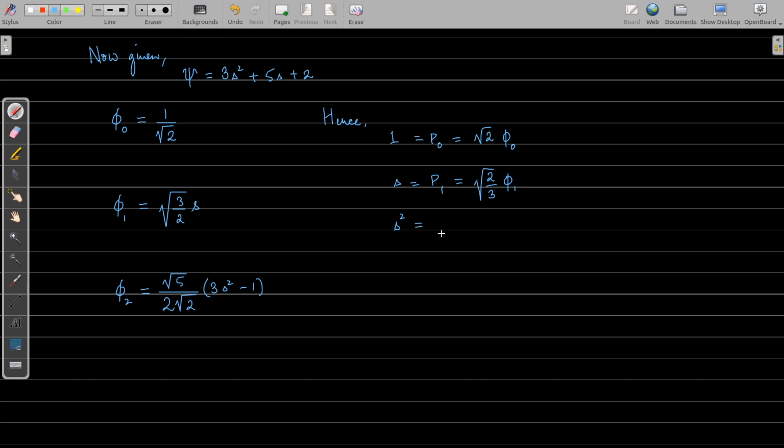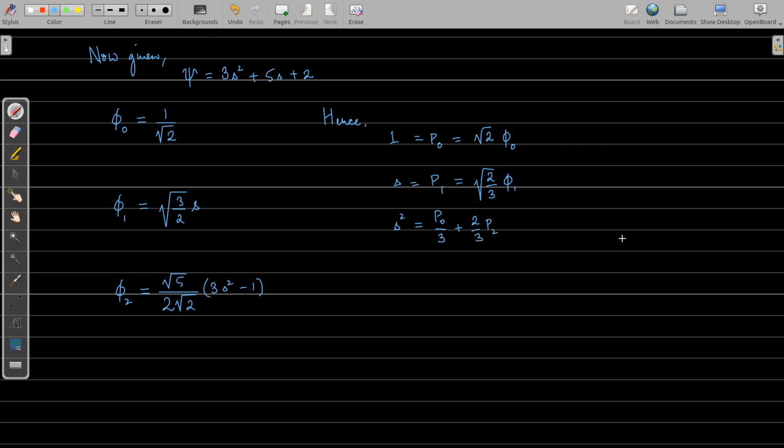S square can be written in terms of... let me rather use this one, I had arrived at this result earlier. S square can be written as P0 by 3 plus 2 by 3 into P2.